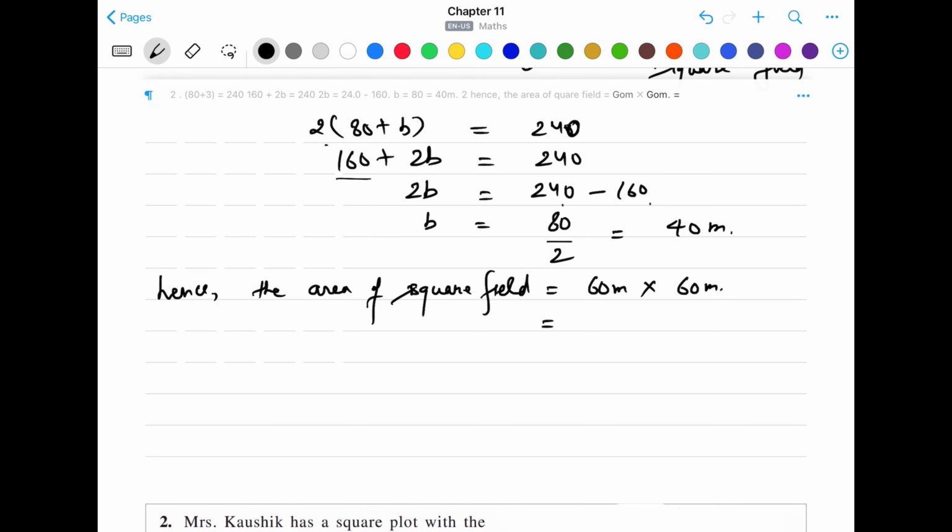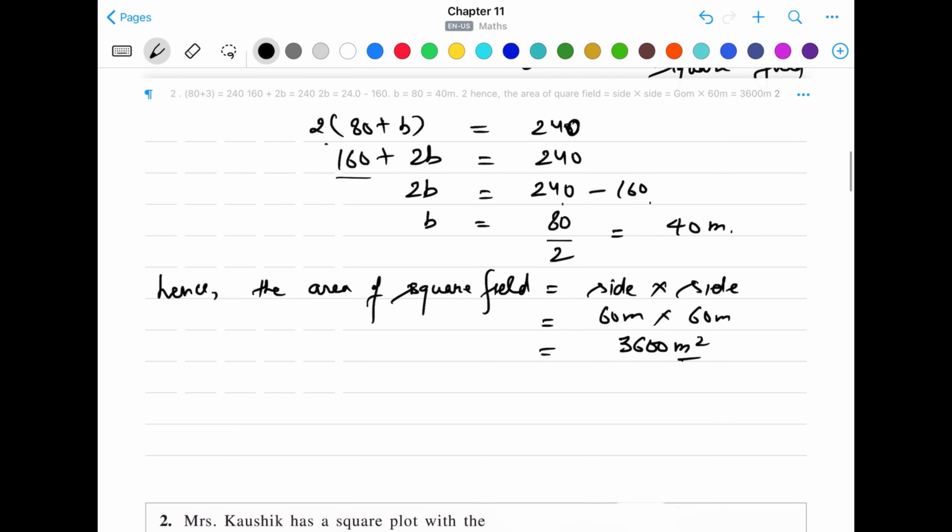So let's write first the formula, that is side into side. Then the side is 60 meter into 60 meter. When you multiply the two, you will get the result as 3600 meter square. Always the unit of area is unit square, so the unit here is meter, so it will be meter square.